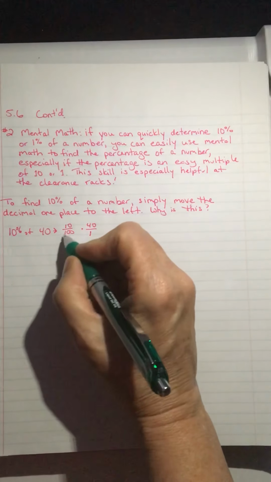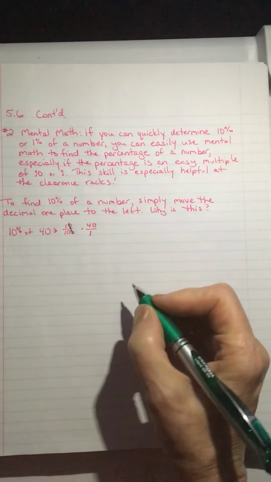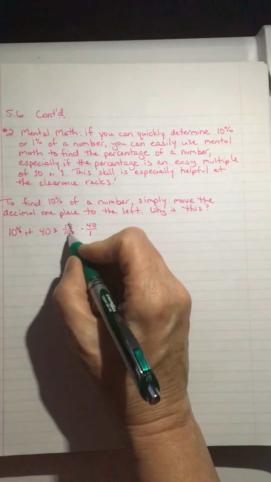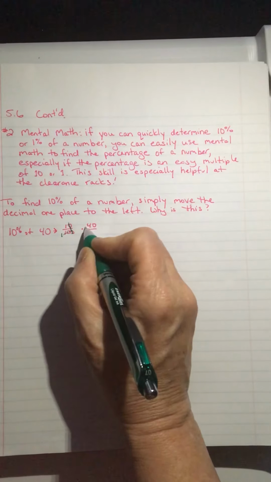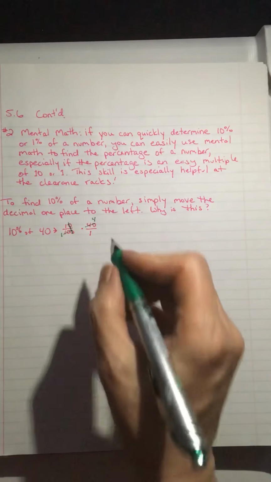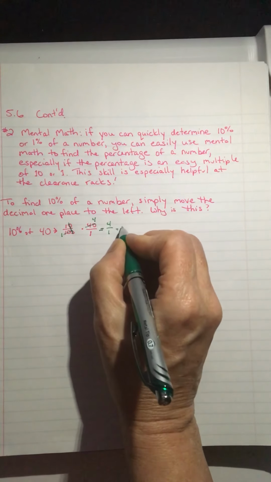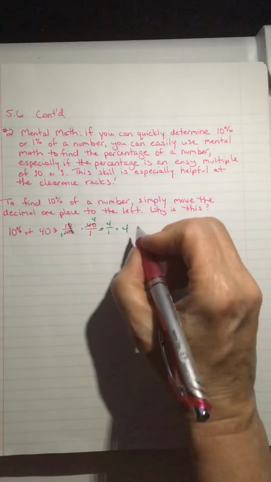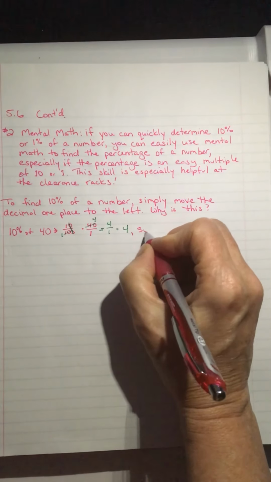Now we're going to cross cancel, dividing the top and the bottom by 10. 10 goes into itself once, and 10 goes into 40 4 times, so we end up with 4 out of 1, which equals 4.